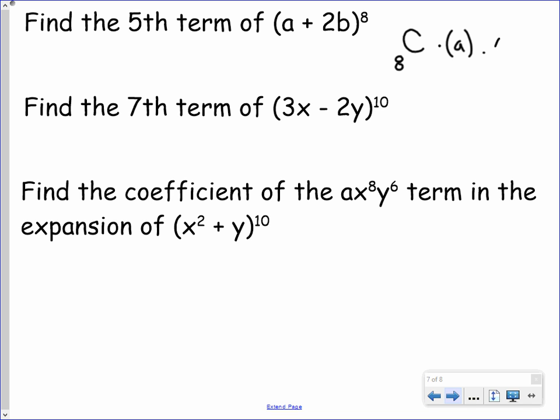That's going to get multiplied by that 2b raised to something. And so I really have 3 things to figure out about the 5th term. What combination am I taking? Combination of 8 choose blank. What am I going to raise a to, and what am I going to raise 2b to? Any thoughts on that first part, that combination for the 5th term? Combination of 8 choose?